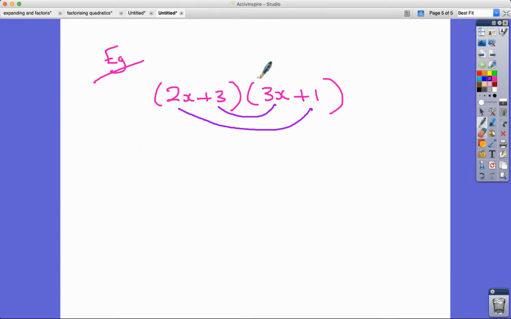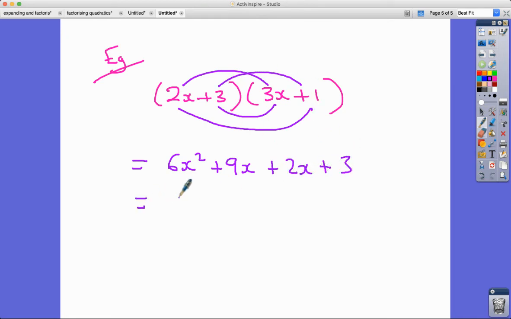So they're getting multiplied by different numbers when we have this sort of scenario. So we just have to use the smiley face method. So 2x times 3x is 6x squared. Go for the nose next. It's three lots of 3x, which is 9x. We've then got one lot of 2x, which is 2x. And then we've got 3 times 1, which is 3. So our answer there is 6x squared plus 11x plus 3.